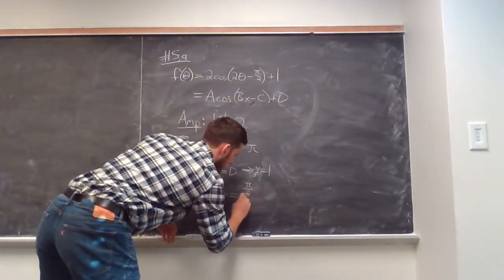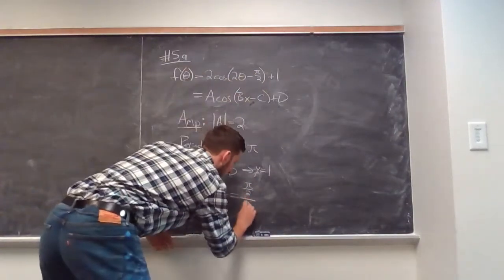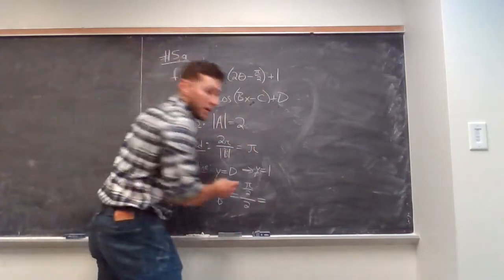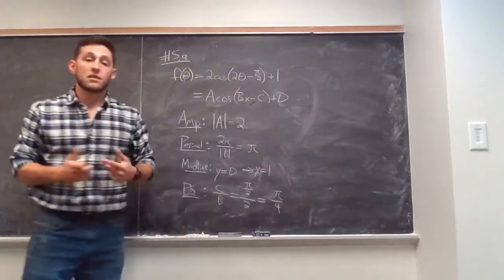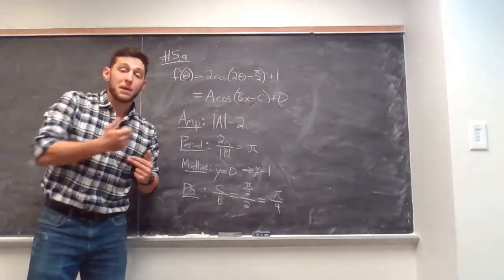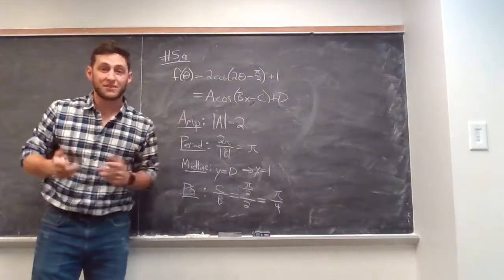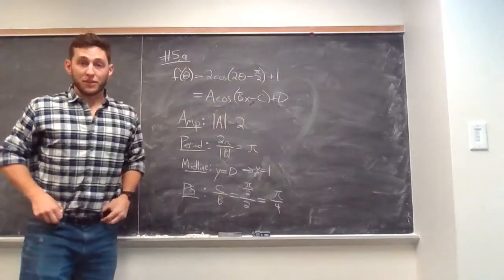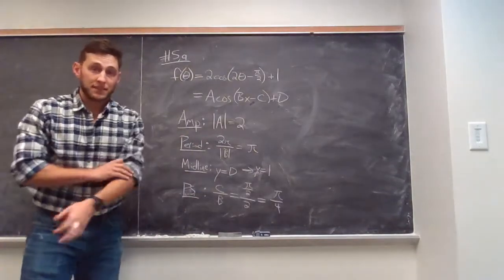So pi over 2 divided by b, which was 2, gives me a phase shift of pi over 4. So I move to the right pi over 4 from a regular sine or cosine function, in this case, cosine. All right, so that's how we collect all of those. Definitely will be a problem on the exam, hopefully a nice gimme. Now you've got to graph it.